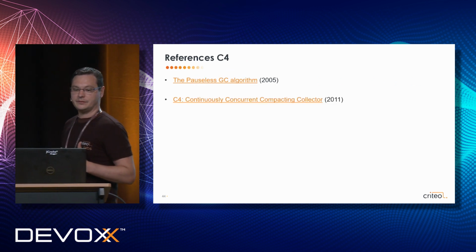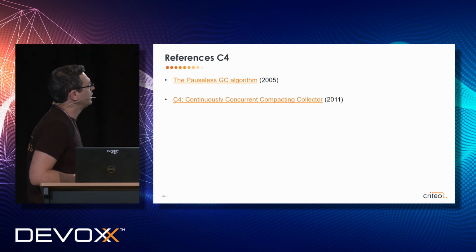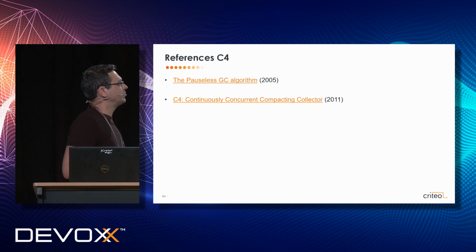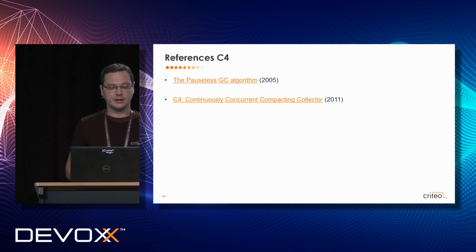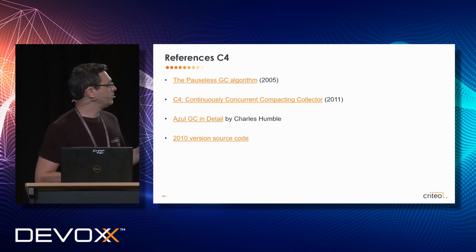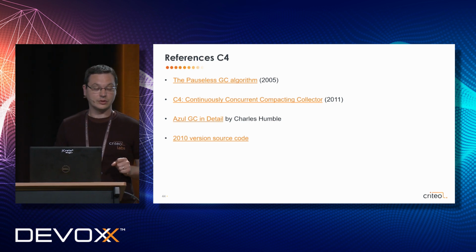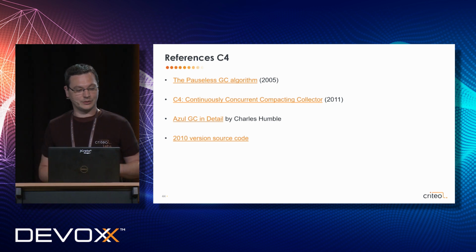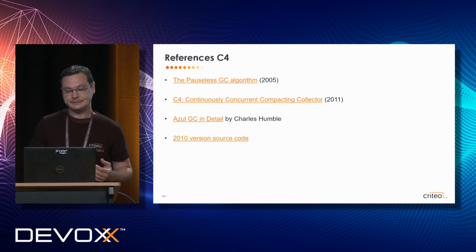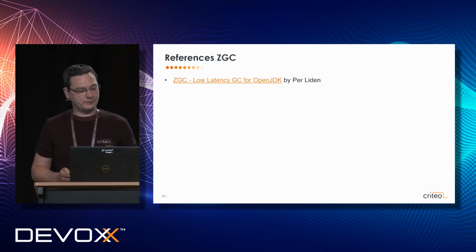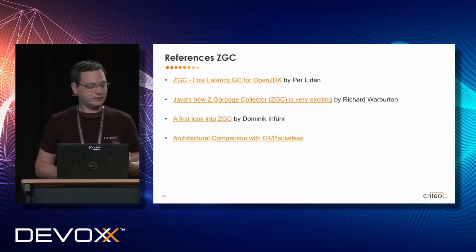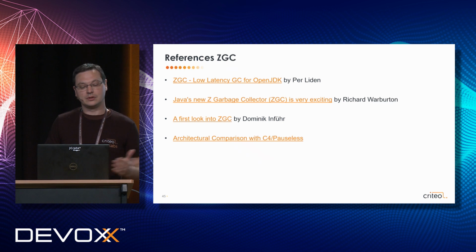For C4, you have the papers published about the Pauseless GC algorithm from 2005, the C4 implementation for x86 since 2011, some articles about this version, and the 2010 source code version from Azul. It's a bit old now, but you can dig into it for the basics of the algorithm. And for ZGC, some articles and presentations also, and a discussion about the difference between C4 and ZGC.